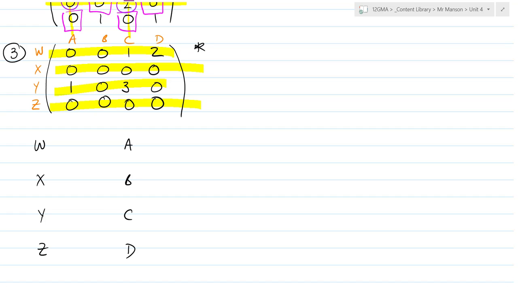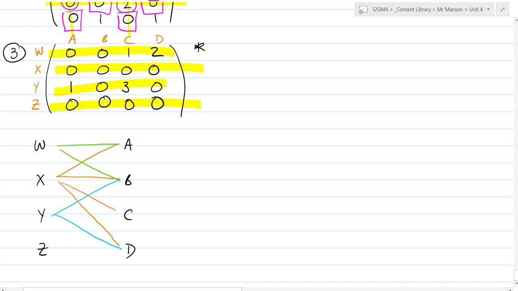And I'm a bit worried. There's a lot of zeros here, so it's going to look really messy. So I'm going to use colours. W connects to A and B, so in green. X connects to A, B, C, and D. Y connects to B and D. And Z connects to all of them as well.